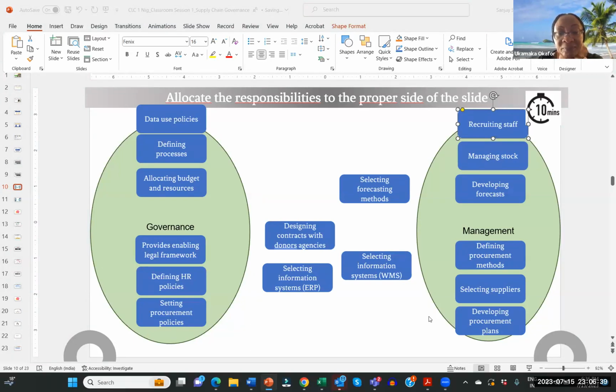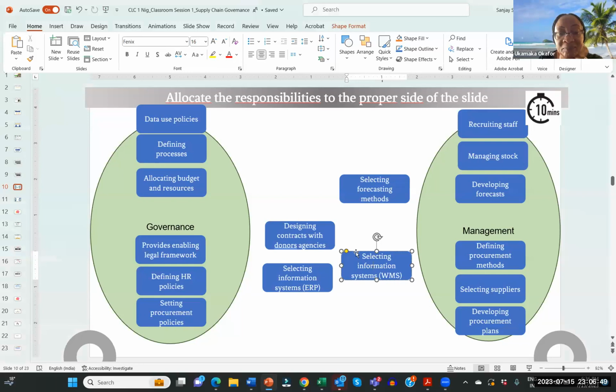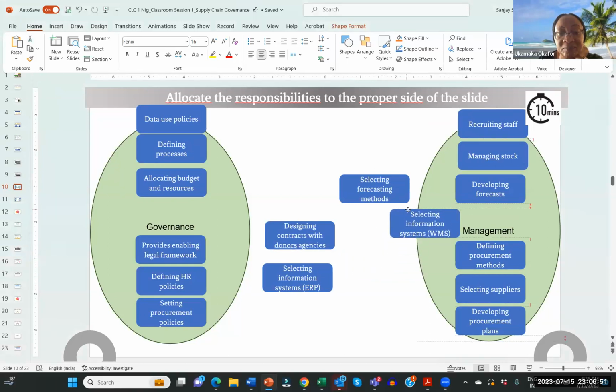That will be great. Kingsley. Okay. Selecting information systems, management. Okay, going here. Pratham and Samuel, you have spoken earlier. So let's just wait for others to speak. Otherwise, I'll get back to you.